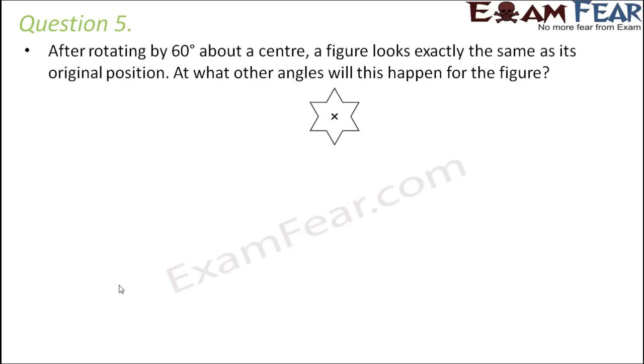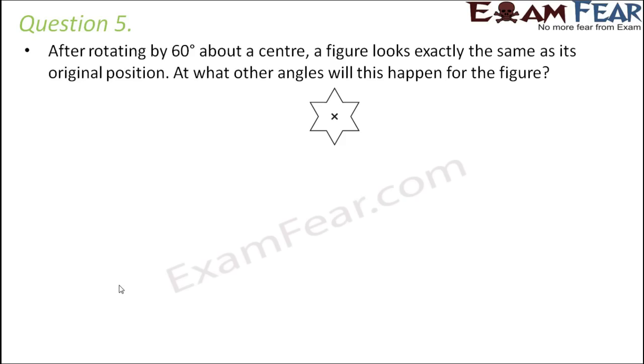Question number 5. After rotating by 60 degrees about a center, a figure looks exactly the same as its original position. At what other angles will this happen for the figure? Let us take an example of a figure which when rotated by 60 degrees reaches a point where it is identical to its original position. I have taken one of the images that we have discussed in the last few slides.